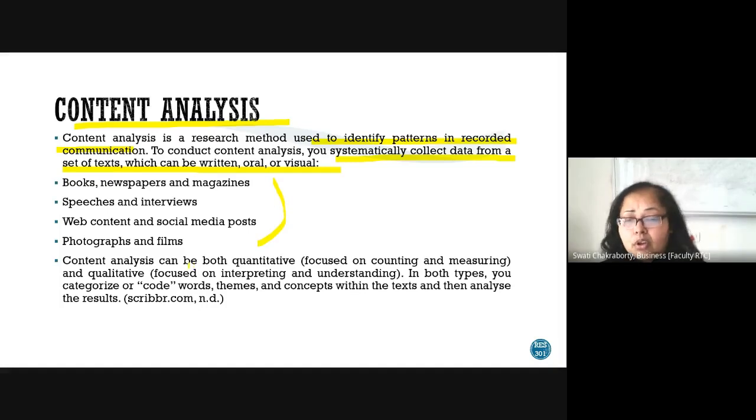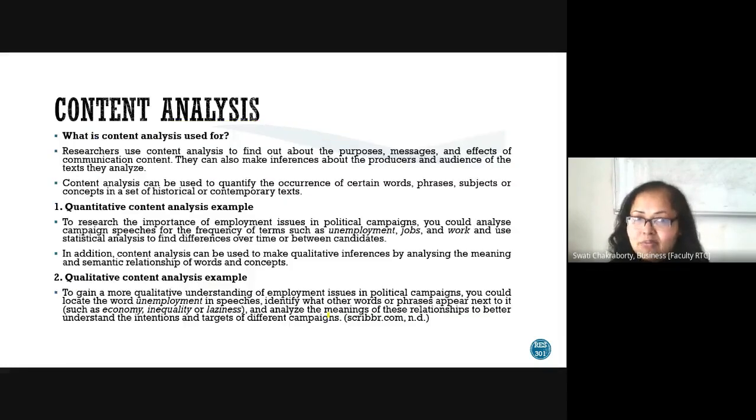It can be both quantitative or qualitative. Quantitative will be counting and measuring, qualitative is interpreting and understanding. But in both these types, you categorize or code words, themes, or concepts within the text and then analyze the results. Look into what it is mainly about.